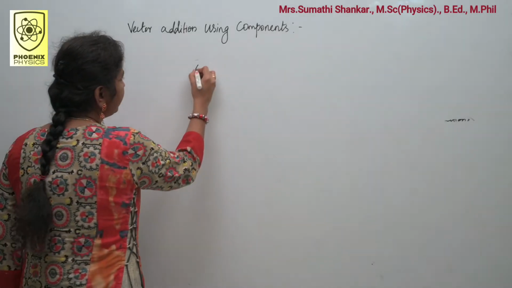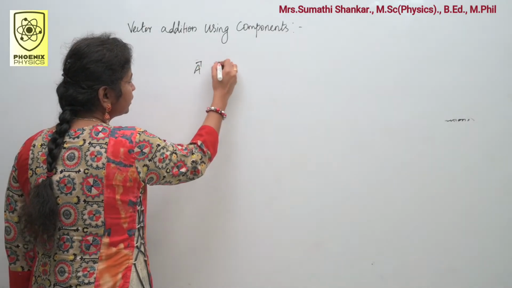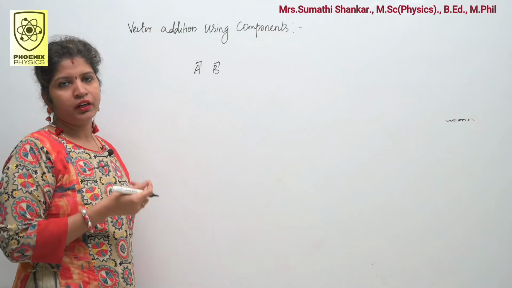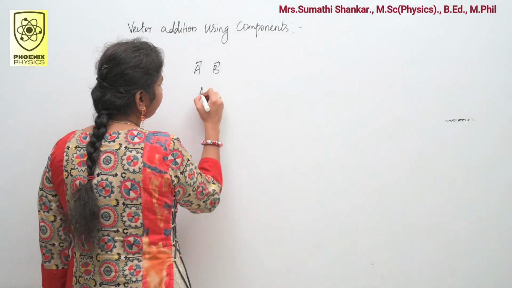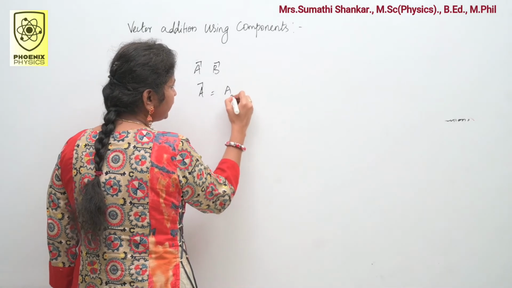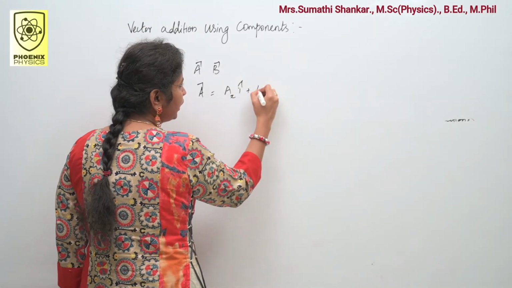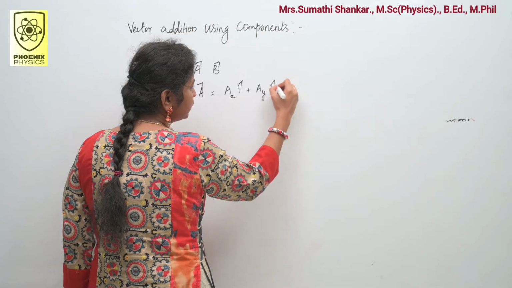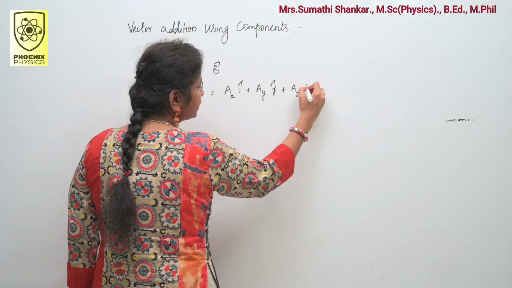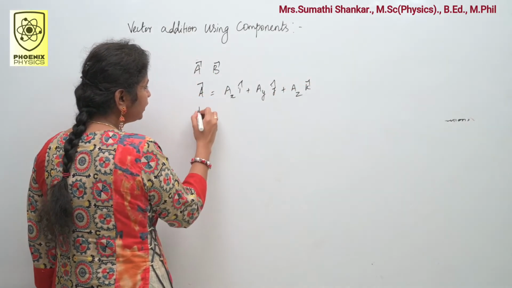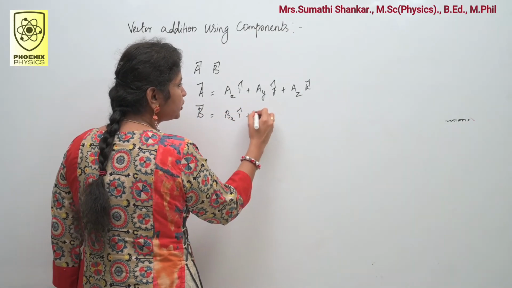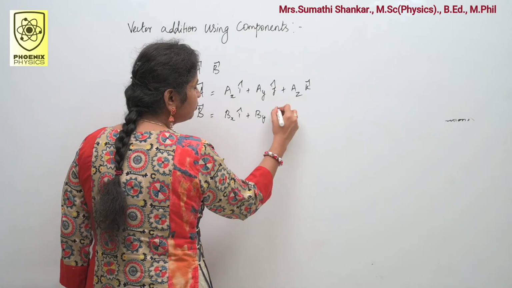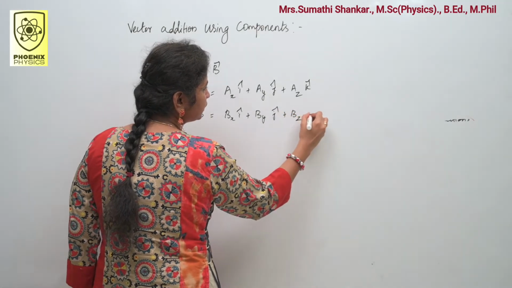Suppose A and B are two vectors in the Cartesian coordinate system, it can be expressed as A vector is equal to Ax i vector plus Ay j vector plus Az k vector, and B vector can be expressed as Bx i vector plus By j vector plus Bz k vector.